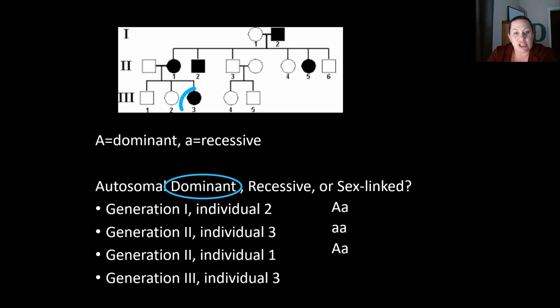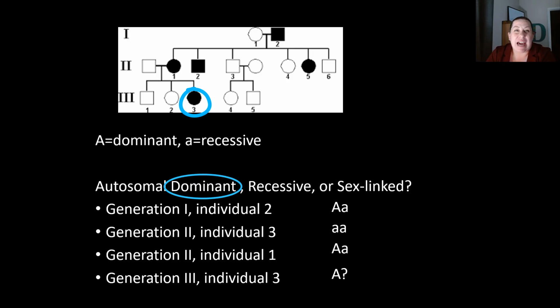If you go to generation 3, individual 3, we know they have the disorder. She's got it. So we know they have a big A. But we do not know for sure if she is big A, little a, or big A, big A, until she has children.